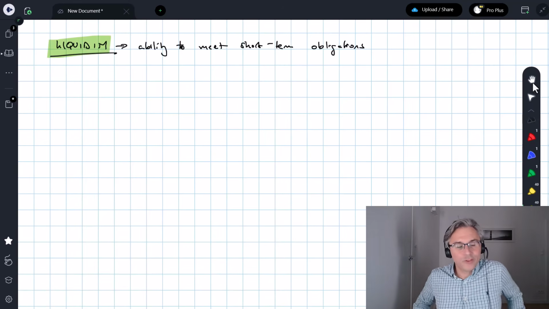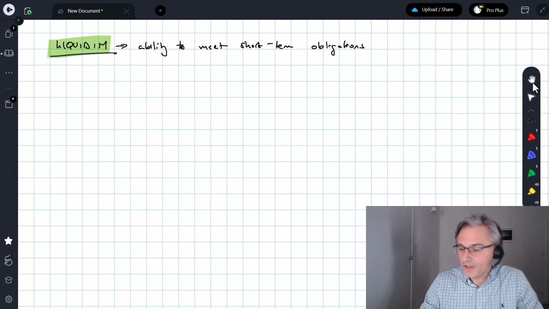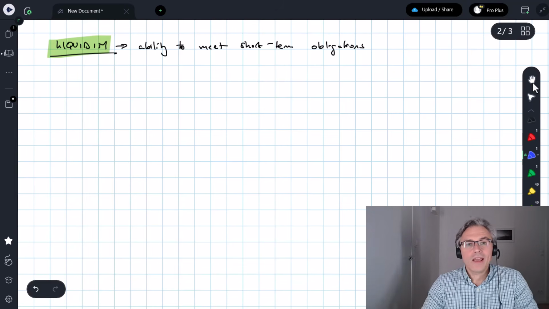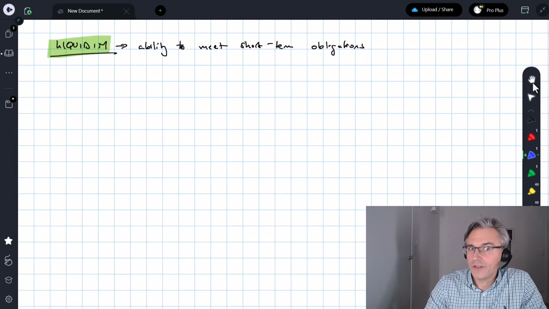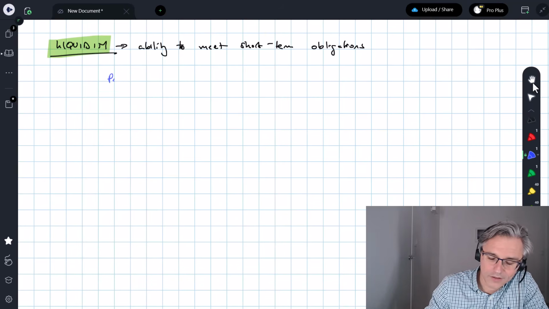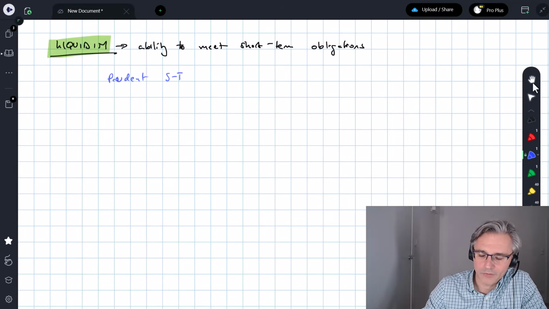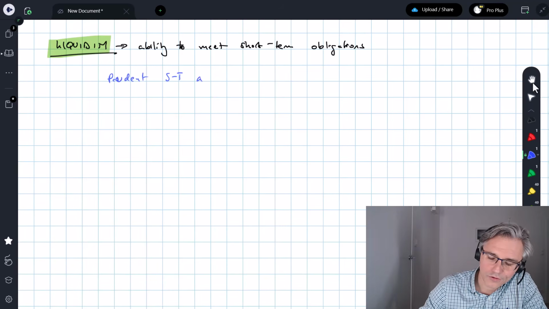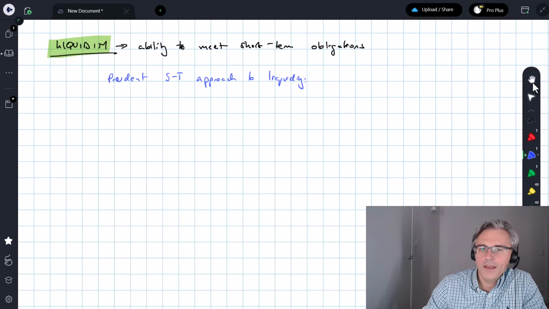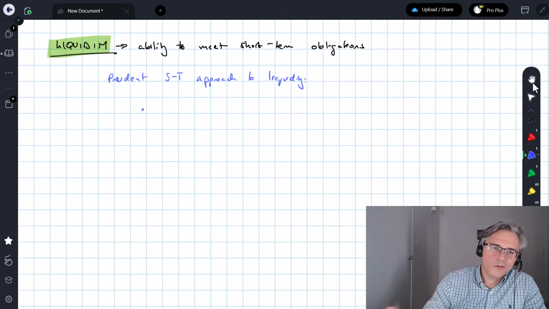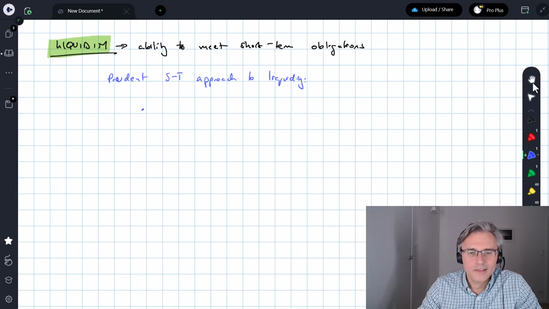And your book decides to talk about what it considers elements of a prudent short-term approach to liquidity management. Now these are quite arbitrary, so I'm just going to quickly list them.